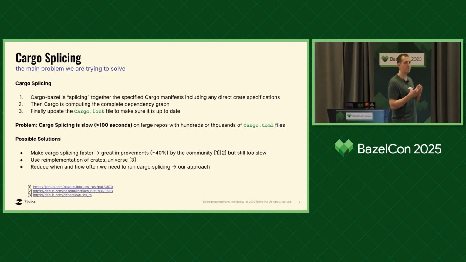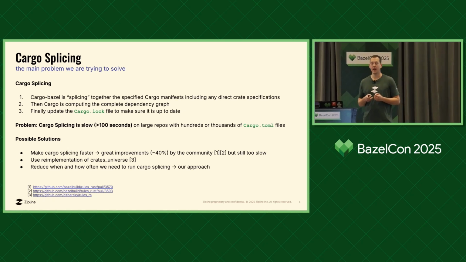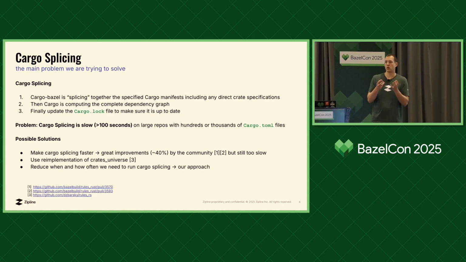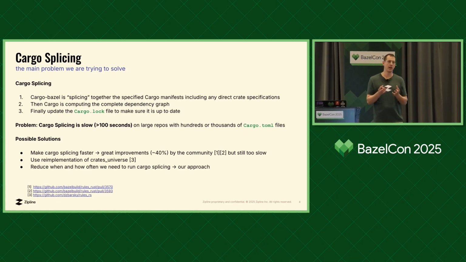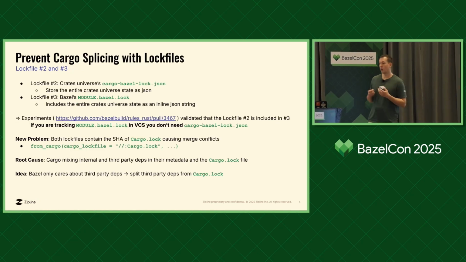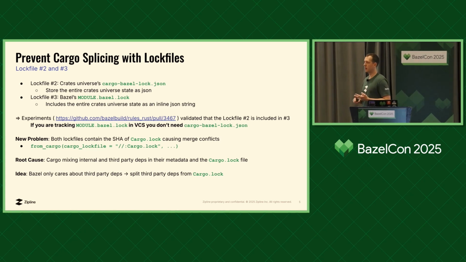We wanted to minimize when and how often we need to run cargo splicing. We try that by, once you run cargo splicing, you also get some output, and this output can be stored in another lock file. We have two options here. These are our lock files number 2 and number 3.